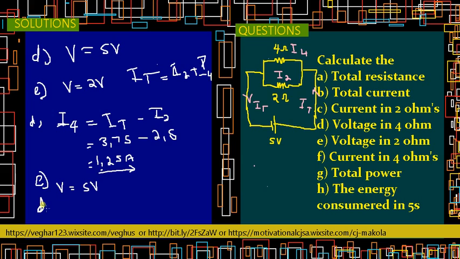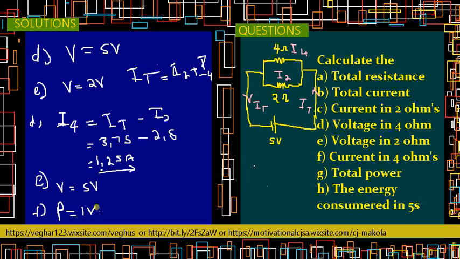So let's check number F, the total power. The power is the product of current and voltage, so power equals IV.